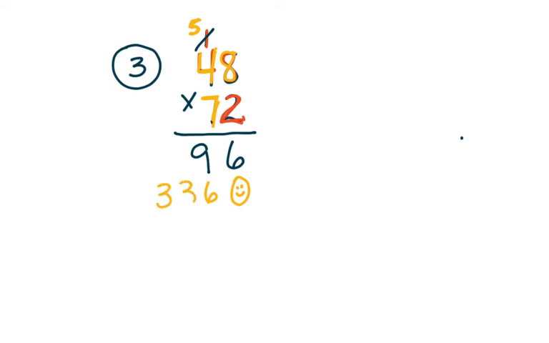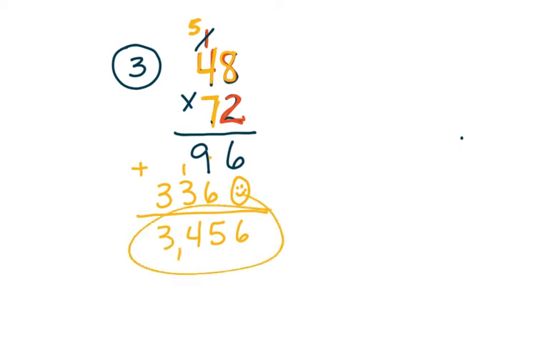Nothing else to carry. We'll be done multiplying there, so go ahead and put down the 33. 6 plus 0 is 6. 9 plus 6 is 15. Carry your 1. 1 plus 3 is 4. And then bring down your 3. So our solution to 48 times 72 is 3,456. So go ahead and move into your packet and try some on your own.